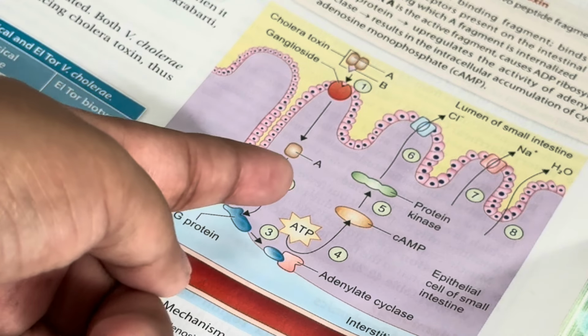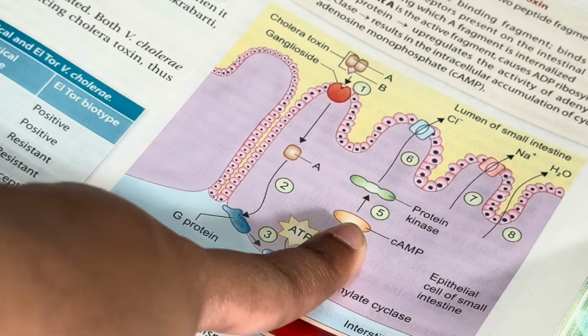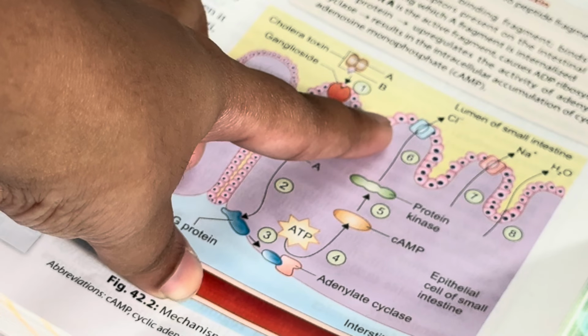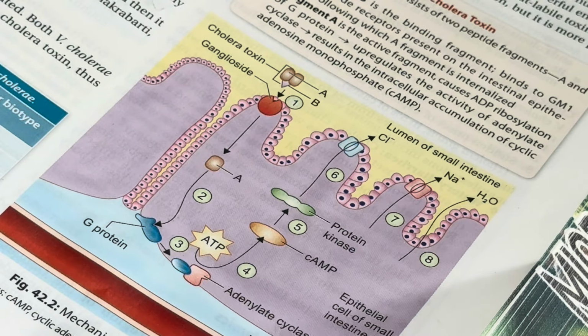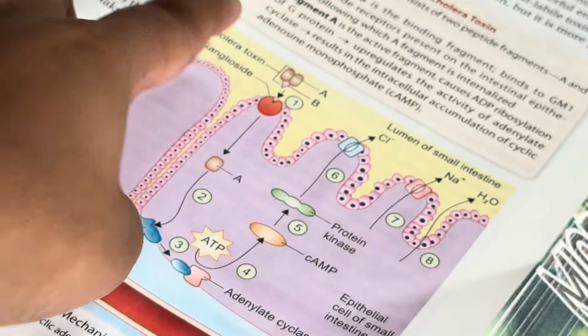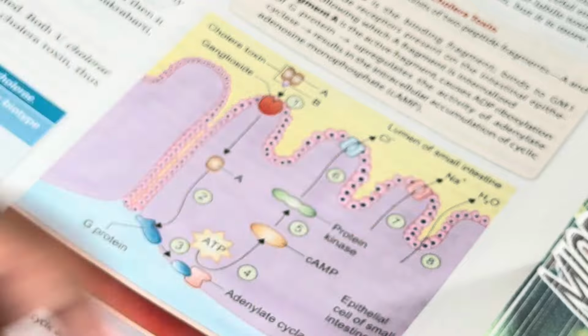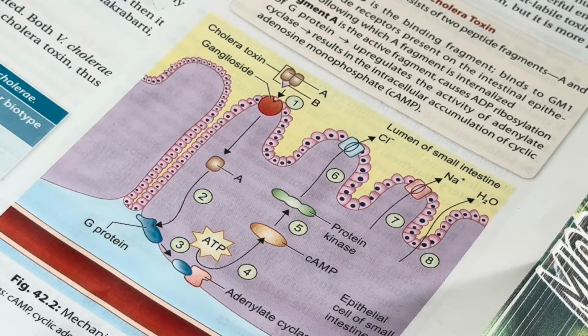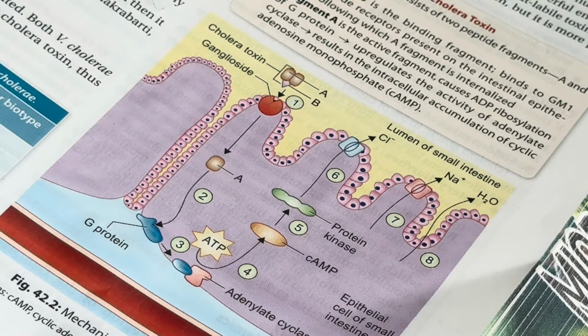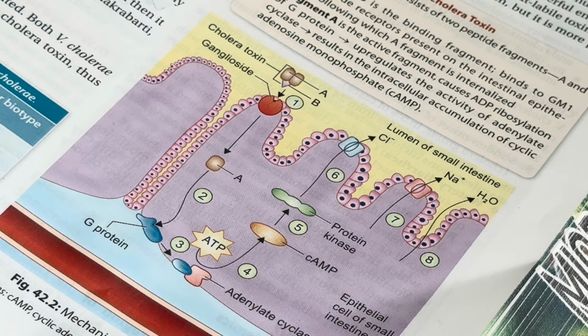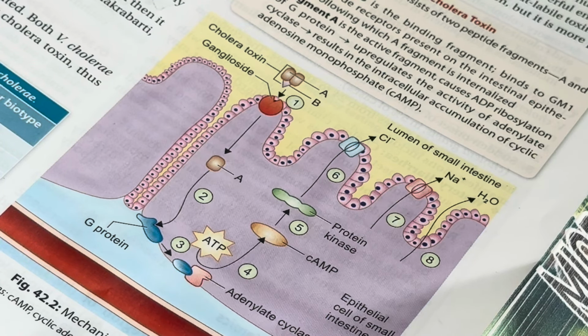When cAMP is increased, sodium channels are blocked. Now sodium is in the extracellular area, like in this area, sodium will be present. As you can see over here, sodium is going out. The channel is blocked. So sodium is increased in the extracellular region.